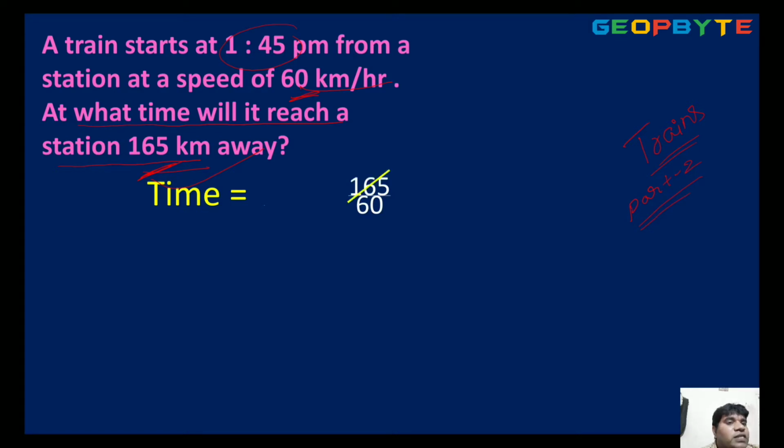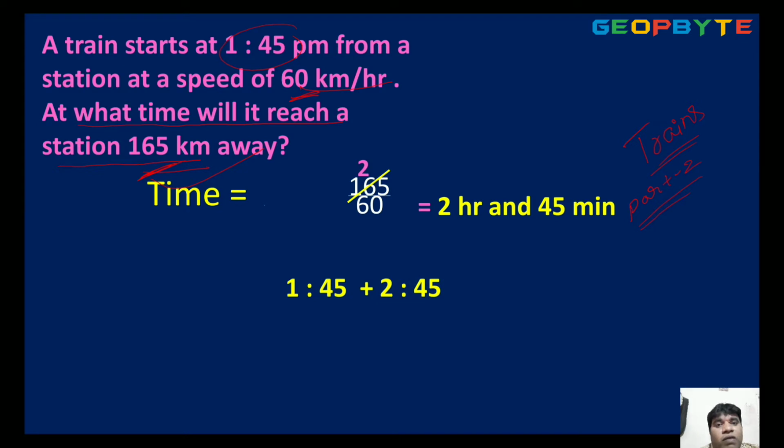Simplify, the 60s cancel. What is the remaining? 45 minutes directly. So 2 hours and 45 minutes. So what time? 1:45 plus 2:45. Answer 4:30.